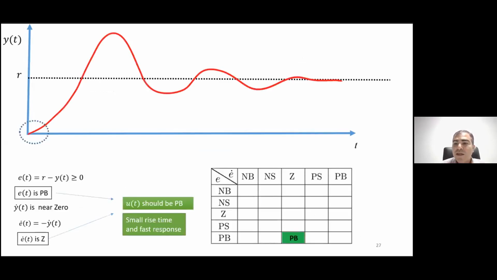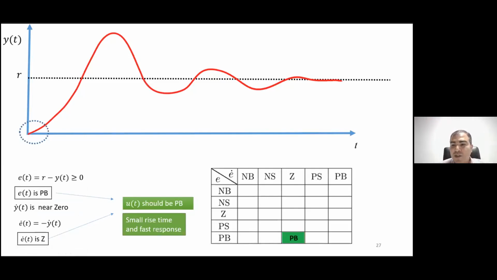So based on what has been already explained and the assumptions, if the output of the plant is near here in the circle, the error is positive big, and if the slope of y, or the change in the output, is very small, near 0, then based on this relation, the derivative of error is also near 0.